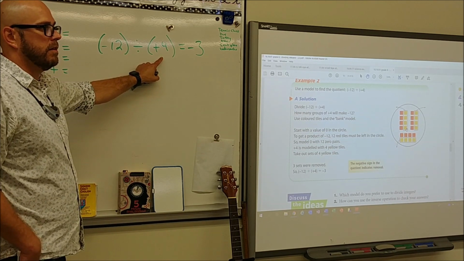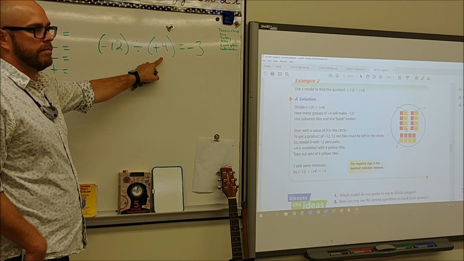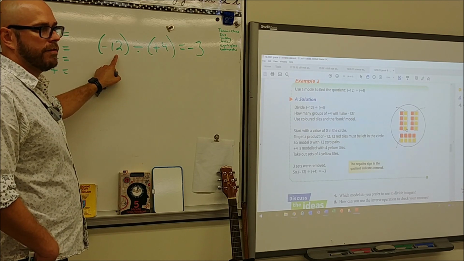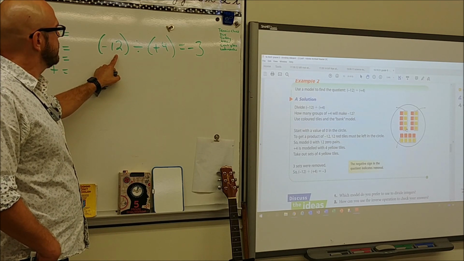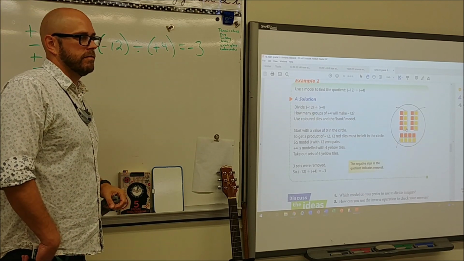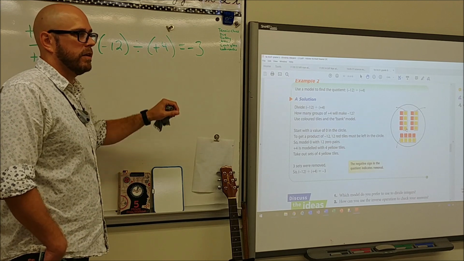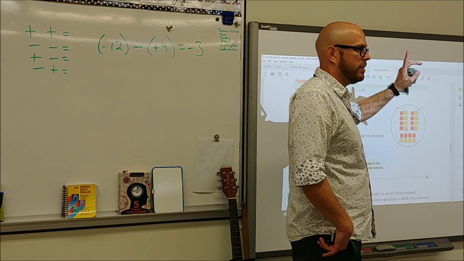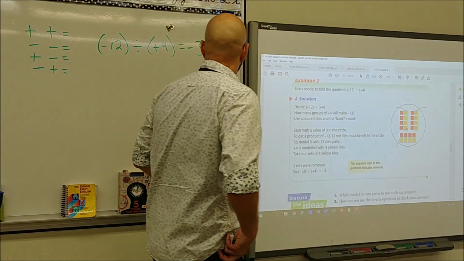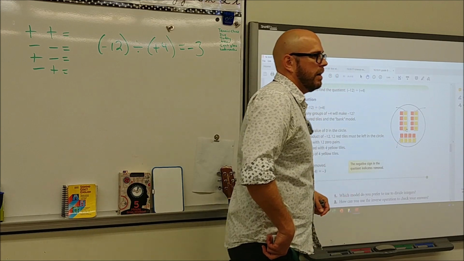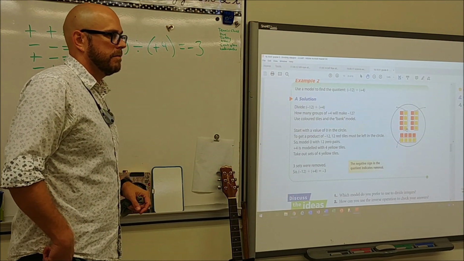Let's cut out all the +4s. Whoa. Okay? I have -12. And I'm cutting it into -4s. I'm going to cut the -4s. You see the negative 4s getting cut? Negative 4s are getting cut. My answer? I've got negative 3 sets. Oh my god, that makes so much more sense.